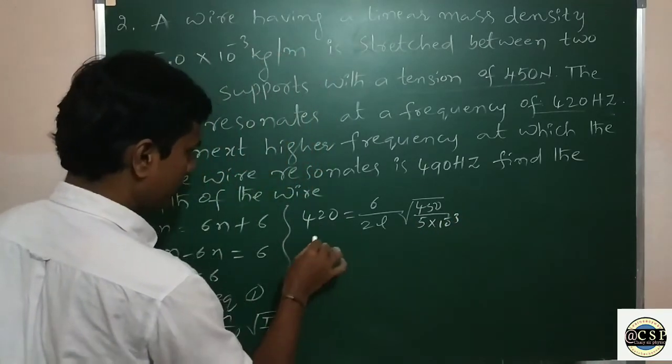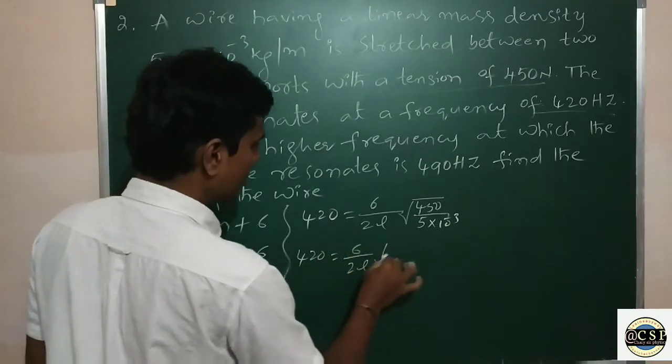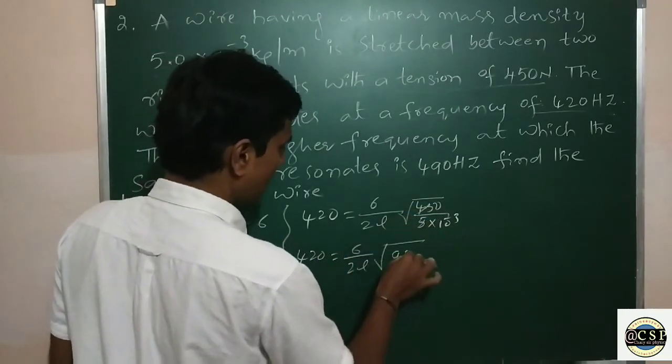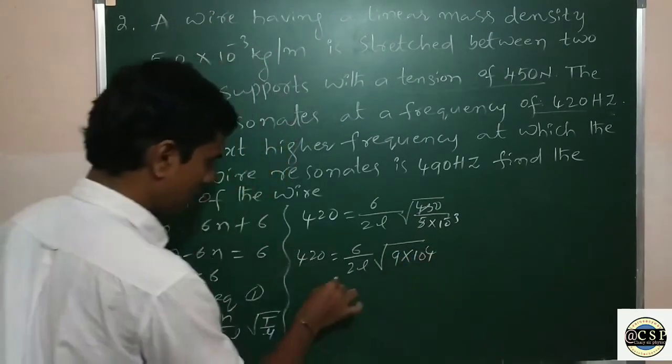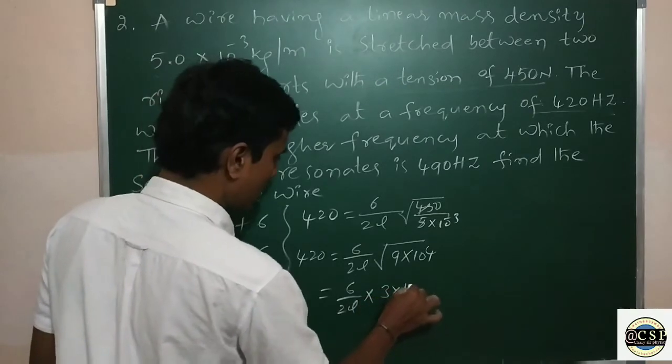So 420 is equal to 6 by 2L into root of 9 into 10 power 4, that is 6 by 2L into 3 into 10 square.